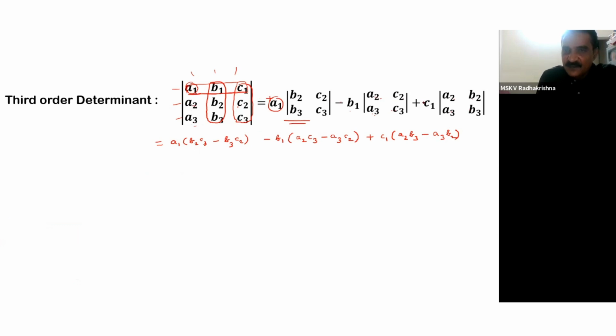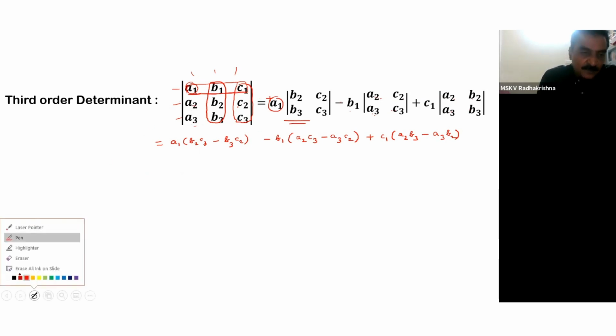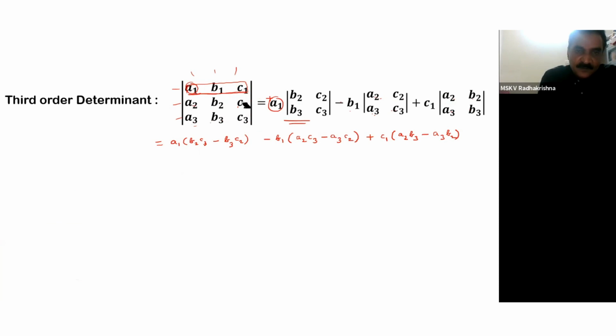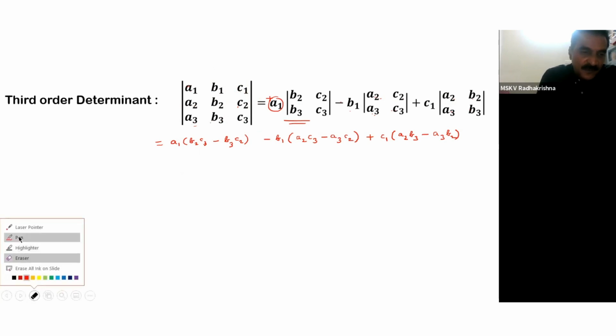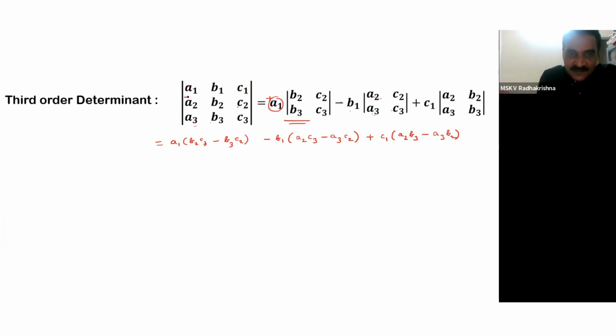And then multiplied by remaining subdeterminants. If it is second row, we have to start with minus sign, then plus sign, then minus sign. For first row, plus, minus, and plus.